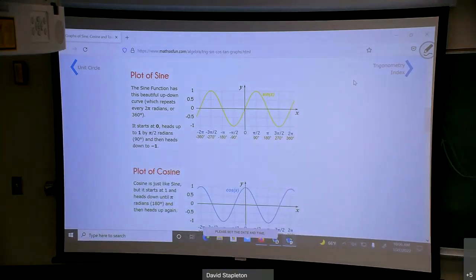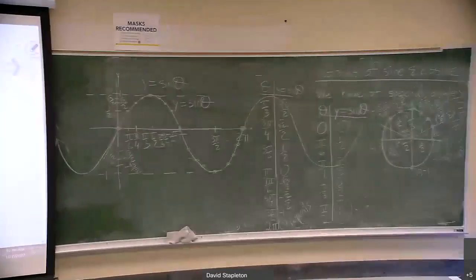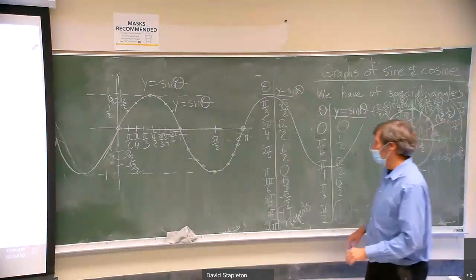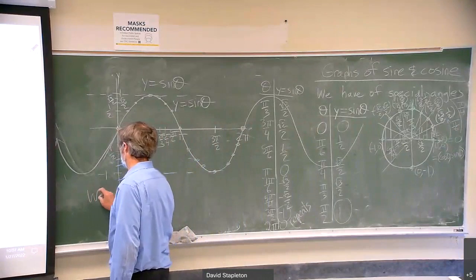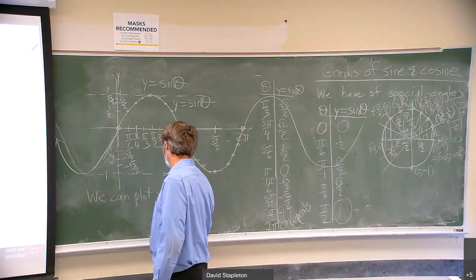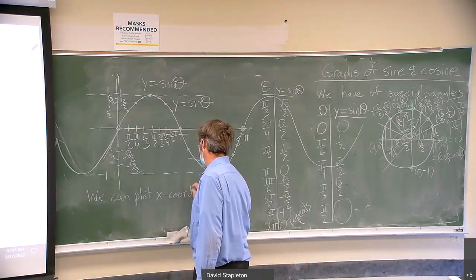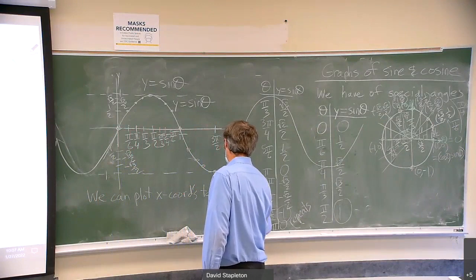And actually, it's in chapter 5, but we just didn't cover it till here where we're going to use it. How do you plot cosine? One way is we can plot the x coordinates. Similarly, get the graph of y equals cosine theta.